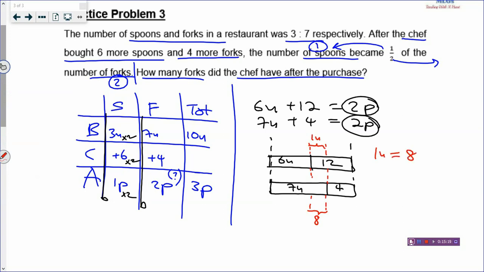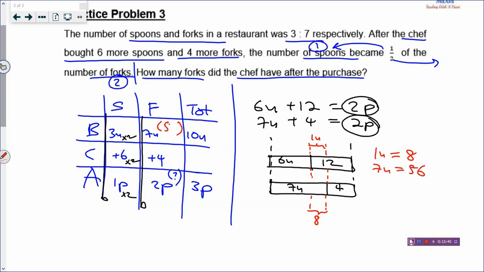So can you find how many forks the chef had after the purchase? Which is 2 parts. But be careful, you cannot take 8 times 2, because 1 unit is 8. It's not 1 part is equal to 8. So if 1 unit is equal to 8, then you just find how many is 7 units. So 7 times 8, or 8 times 7, you will get 56.